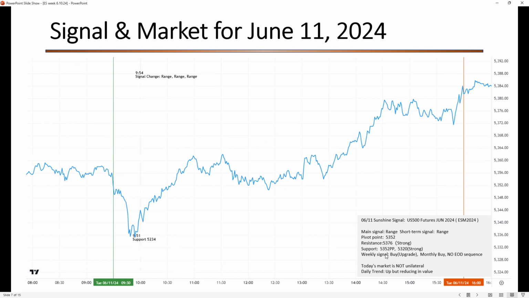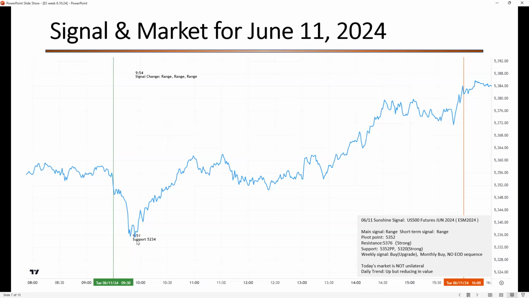It did not hit the 5320 support, but the signal did provide another support at 5234, and that is also close to our range of 5330. So a long could have been taken here with a stop either below 5230 or a stop below this next support, and you could have maybe added at this support if it went down, just depending on what your risk level is.